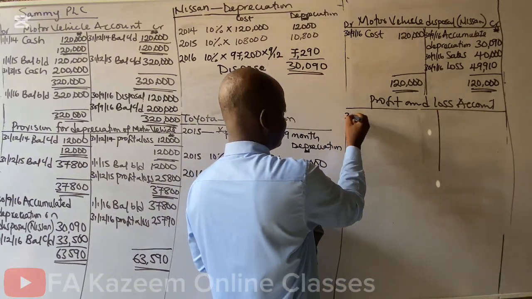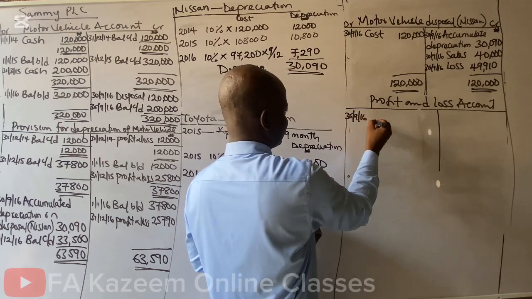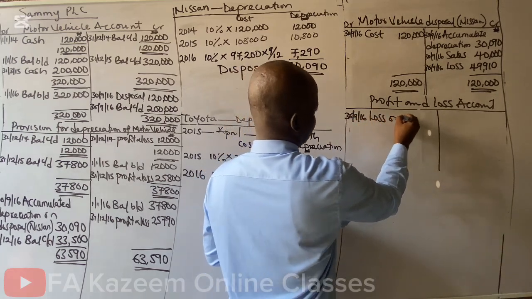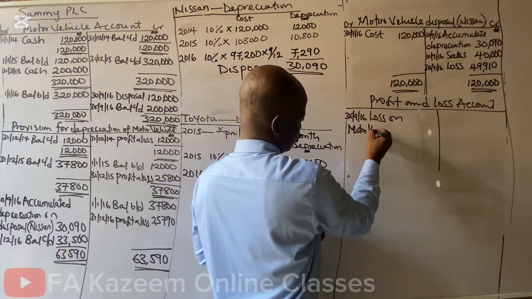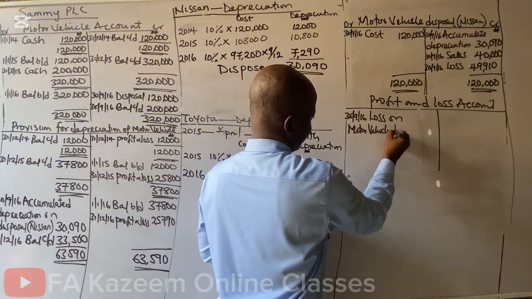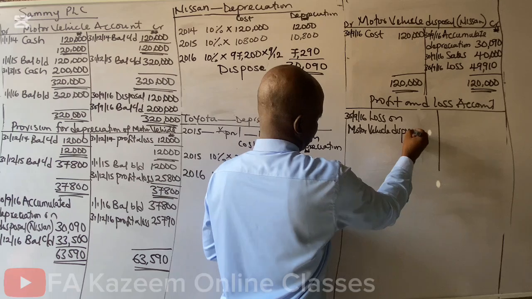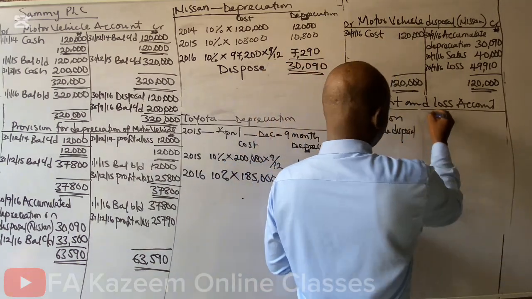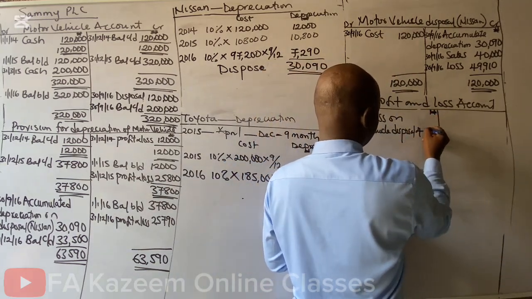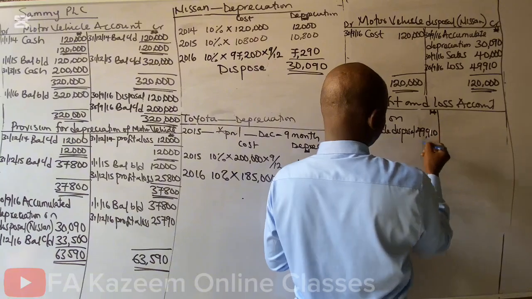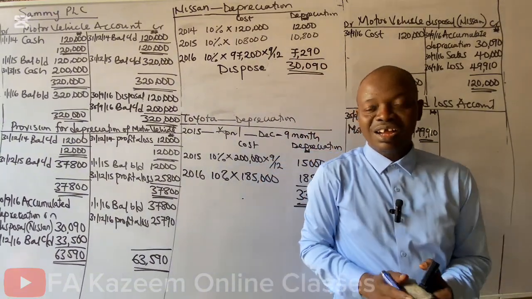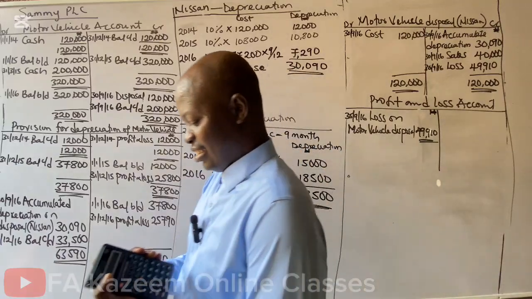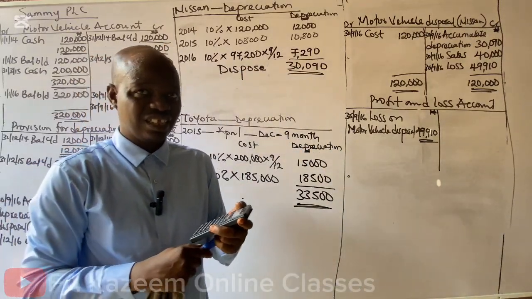On 30th 9 2016, this is what we call loss on motor vehicle disposal. That's 49,910. If you look at it, it's very easy to prepare.